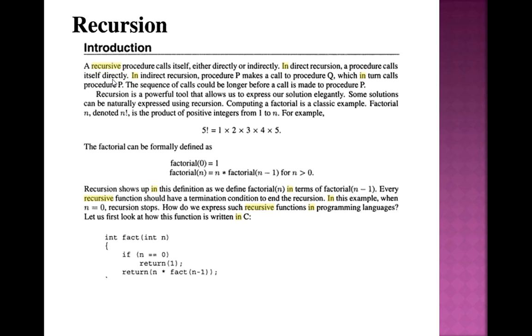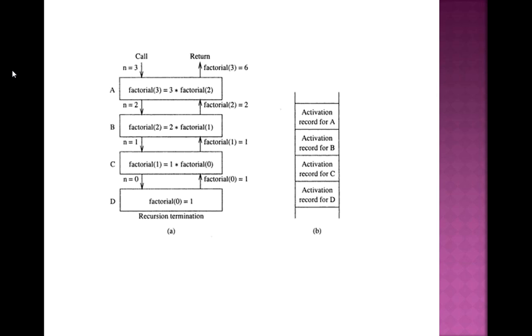For example, P calls procedure Q, and Q in turn calls procedure P. So this is your indirect recursion. And the best example is the factorial, that is 5 factorial, which is done by recursion, that is 5 into 4 into 3 into 2 into 1. That is known as recursion.